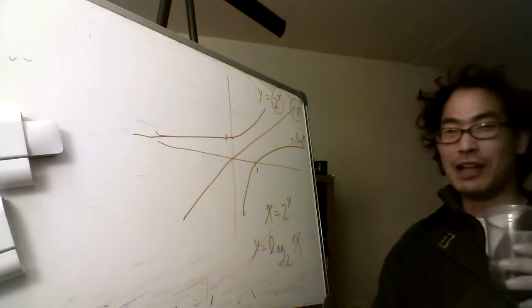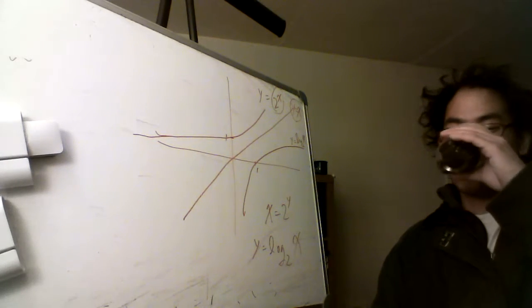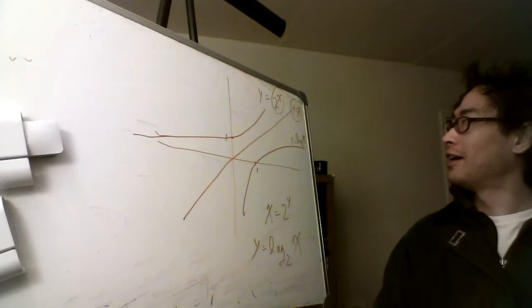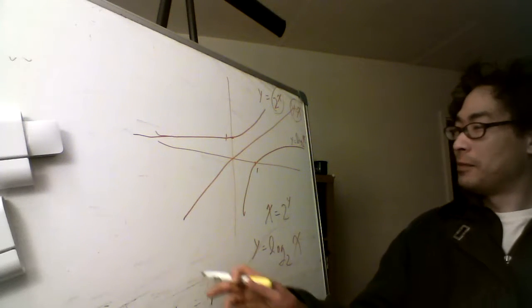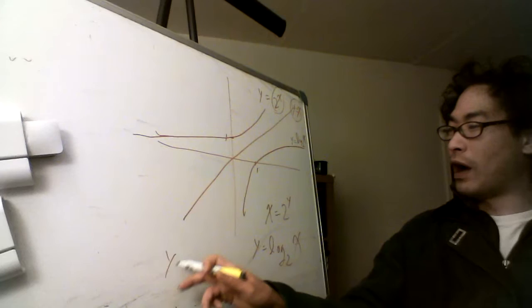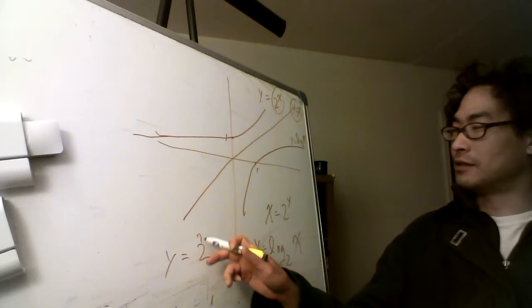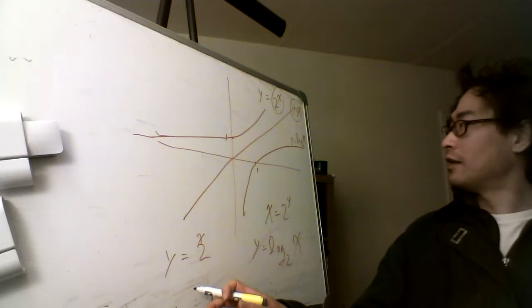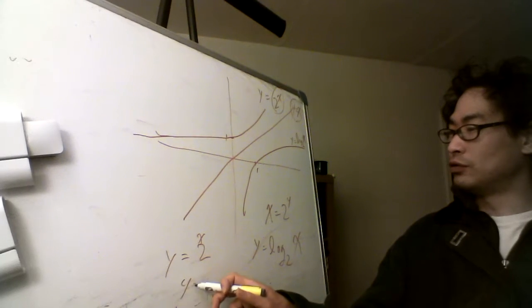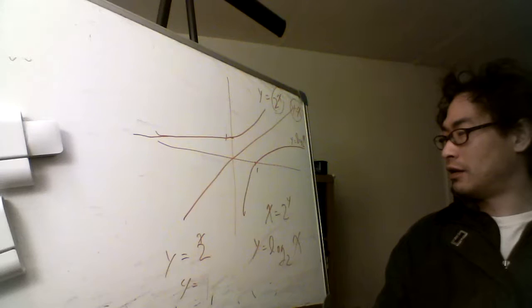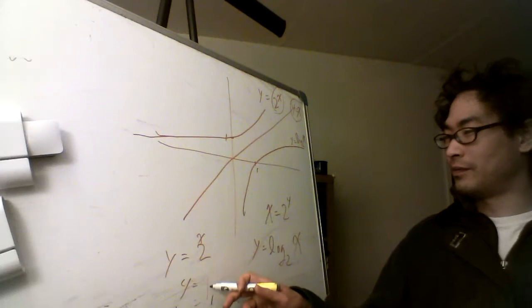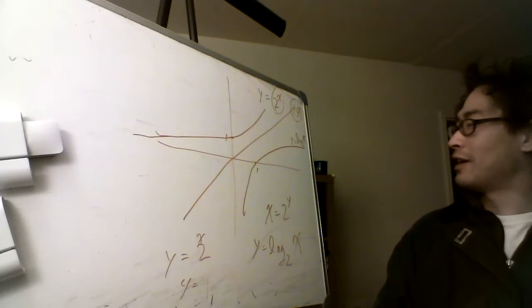We don't have to limit ourselves like that. Because we can think of an equation like y is equal to 2 top x, and y is equal to some funky logarithm, whatever.